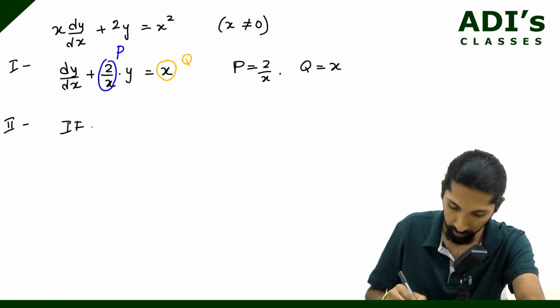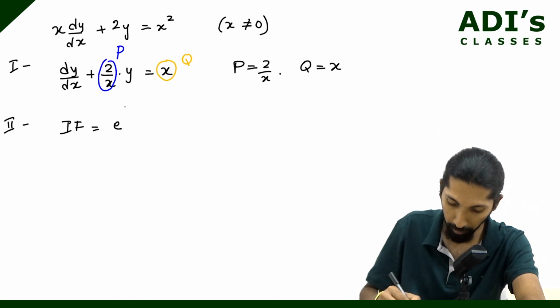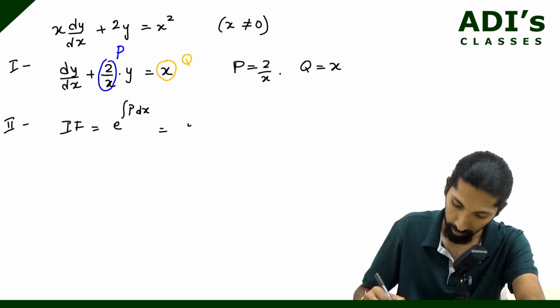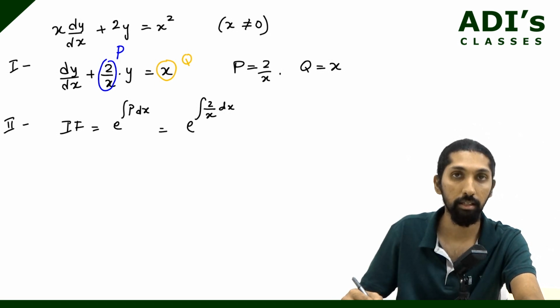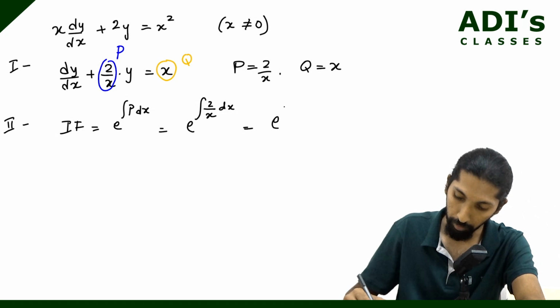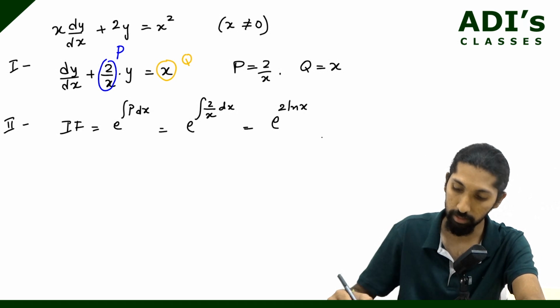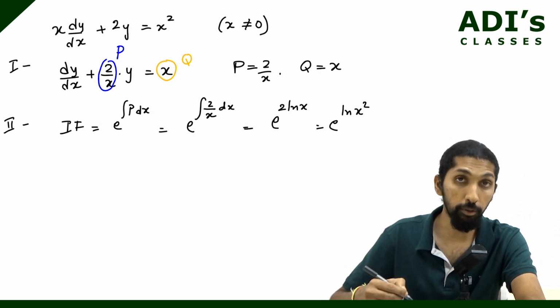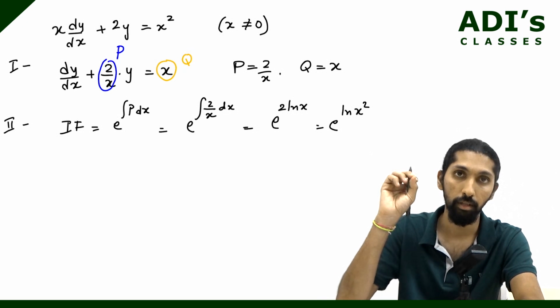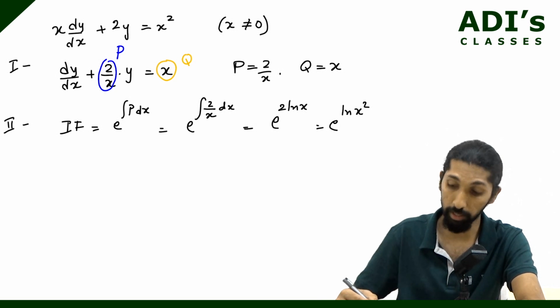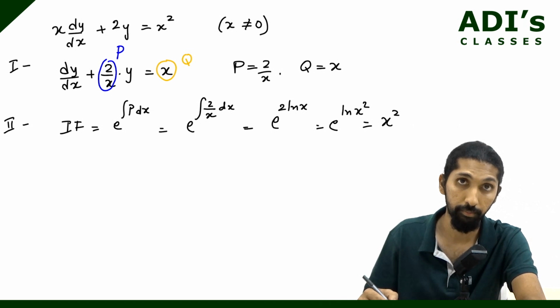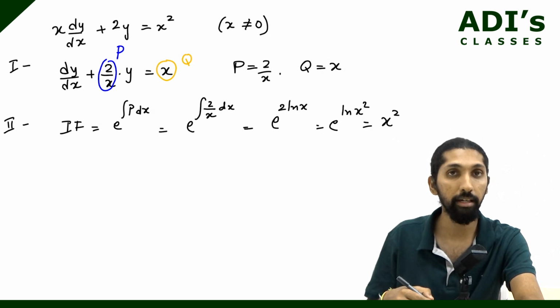The integrating factor is e to the power of the integral of p dx, that is e to the power of the integral of 2/x dx, or e to the power of 2 log x, which we can write as log of x squared. If you remember the laws of logarithms, e to the power of log of x squared is nothing but x squared.